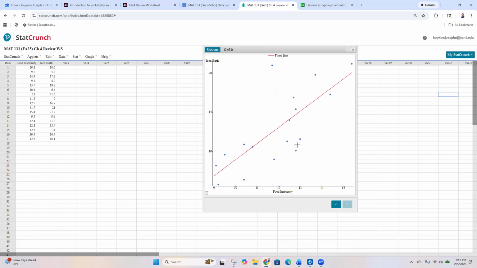But most of these points are close to the line. They're not perfectly on it. This one's way off. Okay. So, if this one right here was Alaska at 10.4, it's going to predict something on the line. It's going to predict the point that's closest to that one. But it's not going to be perfect.